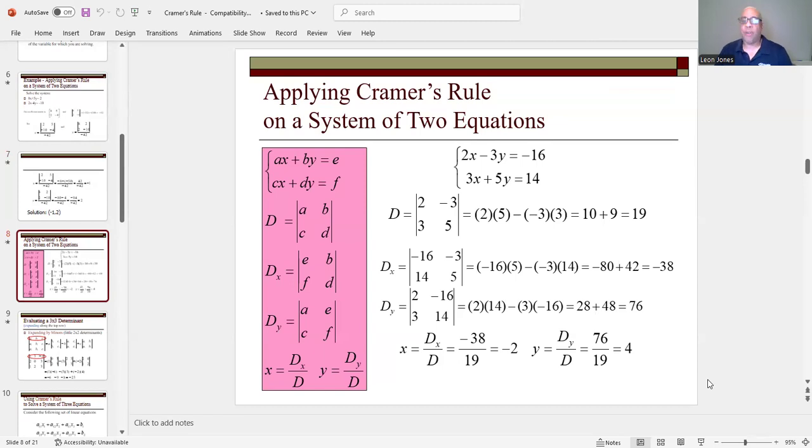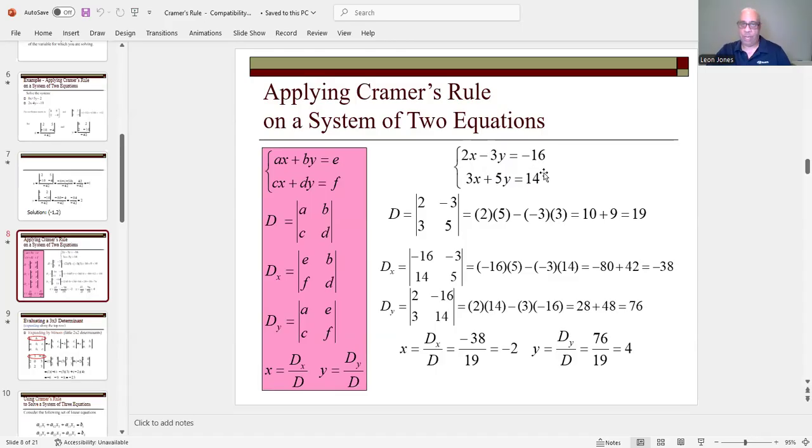Now, what I like about Cramer's rule is if you follow the formula right, you can eliminate a lot of errors, particularly if you are actually utilizing the system of two equations. Say you don't have a calculator. Well, for the most part, unless you can divide, like if I had a 15 here, well, I could just divide this whole equation by a 3, and then I'll be able to multiply it by -2 to give me one variable.